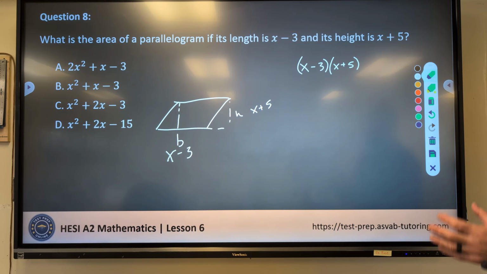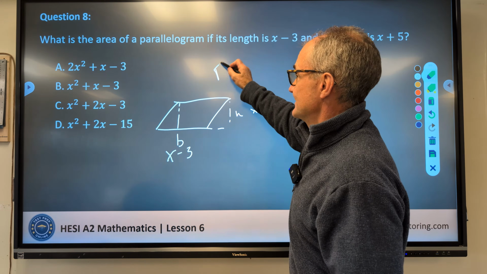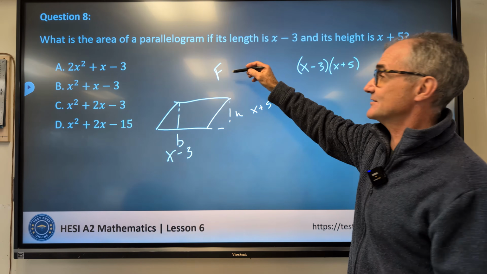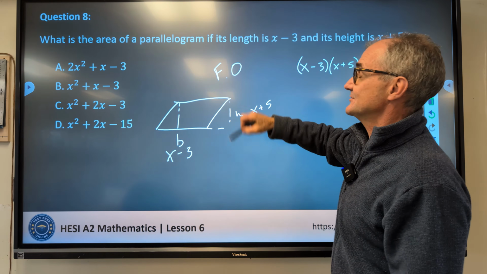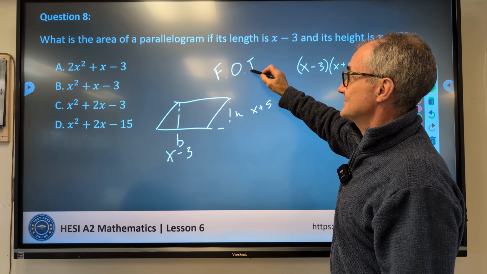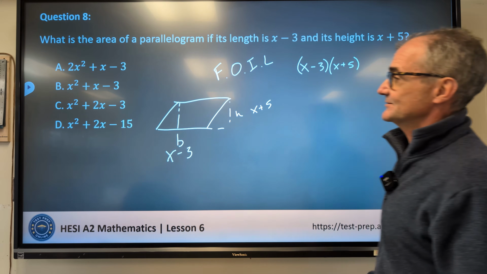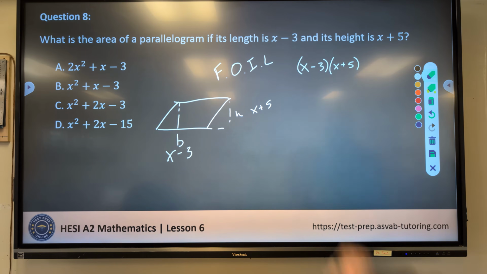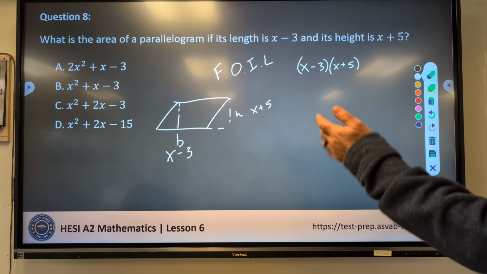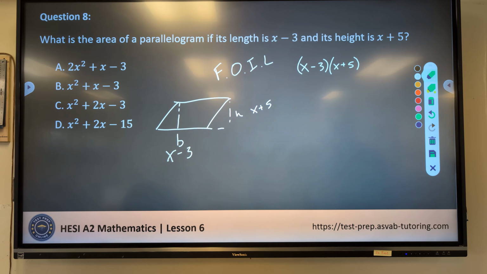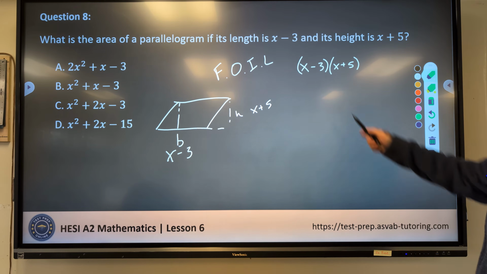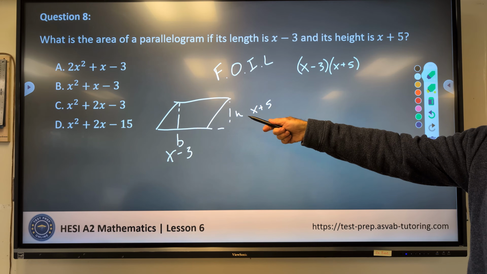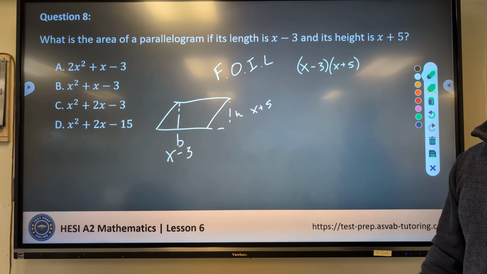A lot of people use a mnemonic device, FOIL, to multiply this out, which means you multiply the first terms together first, then the outer terms, then the inner terms, and then the last terms. We look over there. Three of them have x squared in them, so I could eliminate answer A, but that's about it. In the middle term, if I got mixed up, I can see the last term is negative 15, so I can't jump down to answer D.